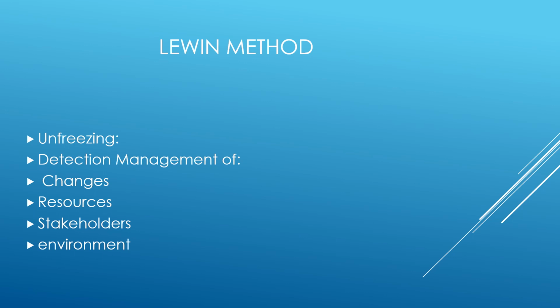The Lewin method consists of unfreezing. Unfreezing has to do with detection or management of the changes that could be going on within the company. In other words, the desire to find out what things need to be changed or improved and take into account all the factors that are related to those changes.